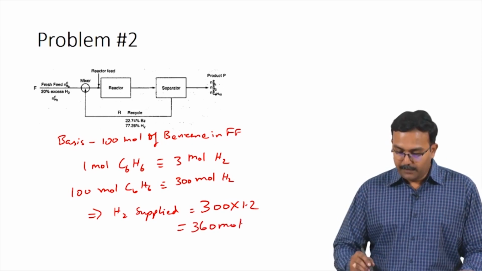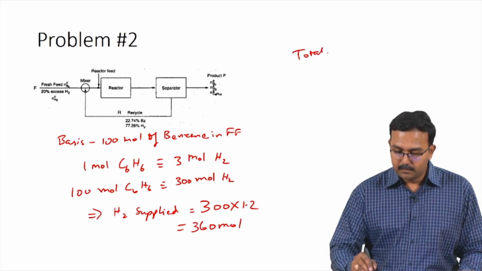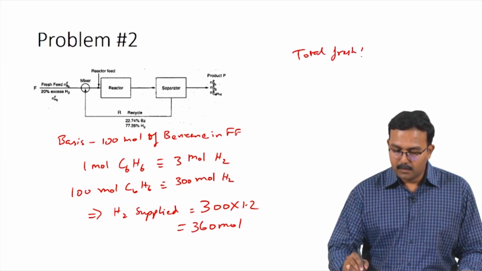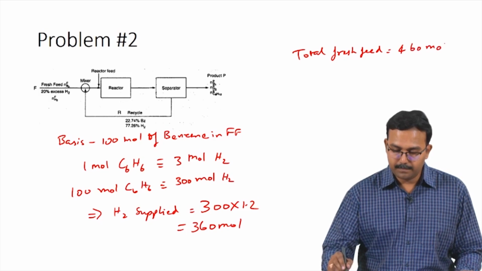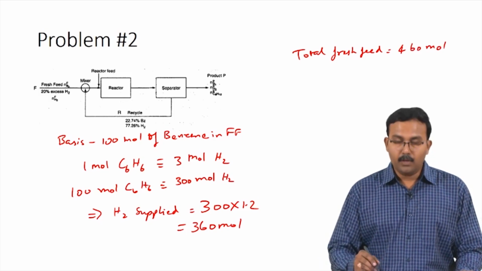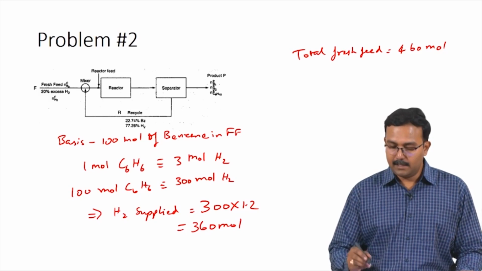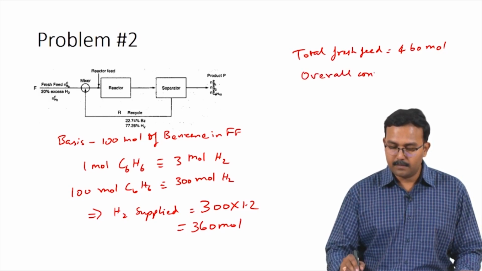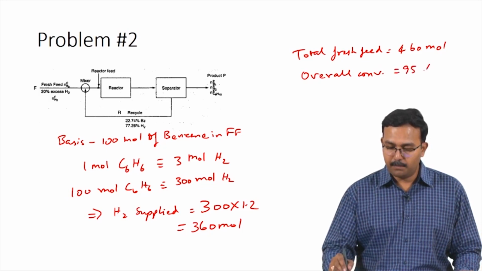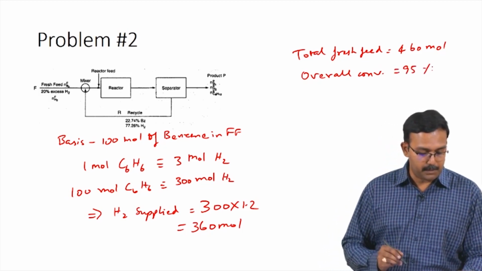So, the total fresh feed we have would be 460 moles. The overall conversion has been given as 95%, sorry, not 90%, 95%.